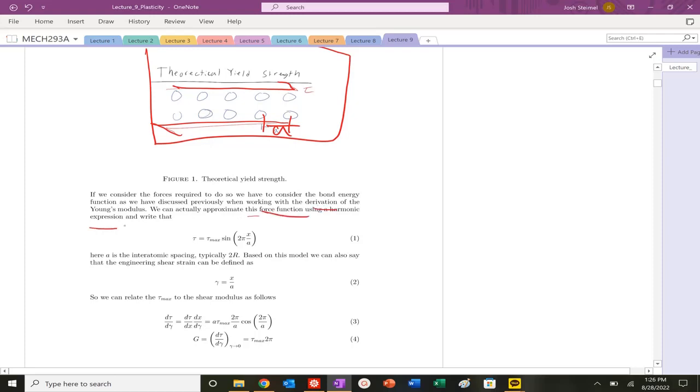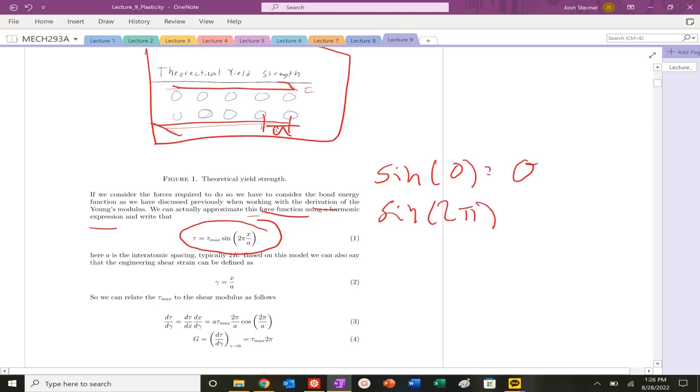So I can look at the force required to do this. If I look at some maximum force, treating this like a sine wave, at x equals 0, where the atom's at its original position, my stress should be 0. Makes sense. If I'm at x equals a, which is 2 pi, the sine of 2 pi will also be 0 because I'm in my equilibrium, my correct distance effectively.